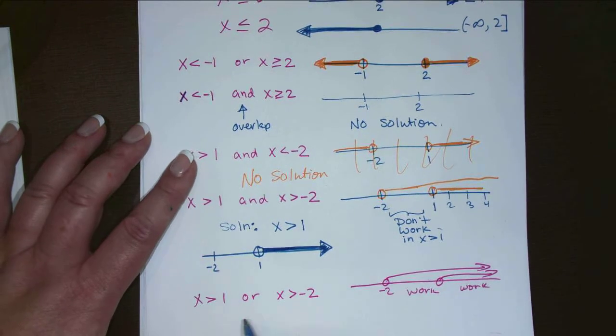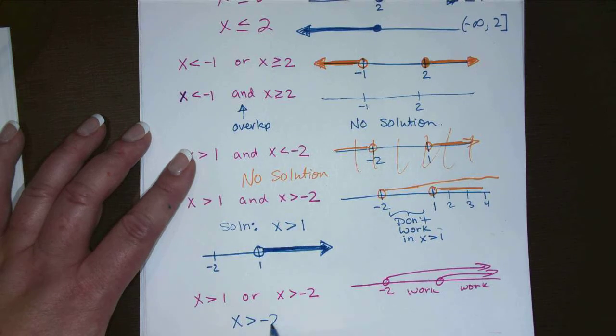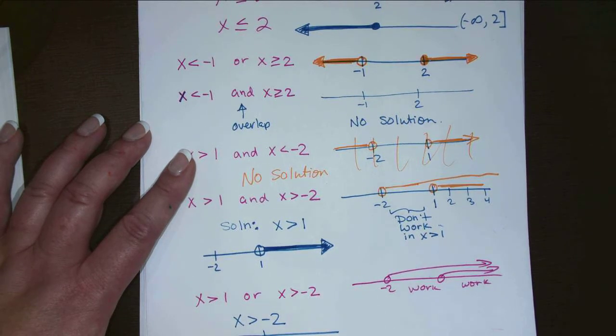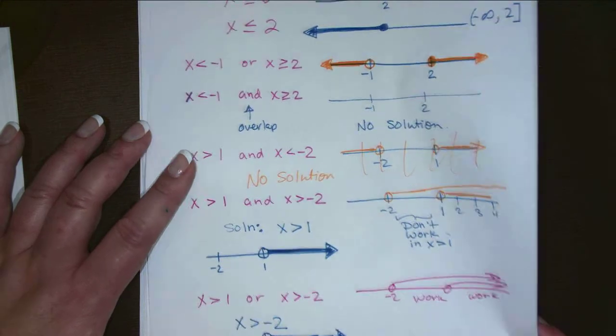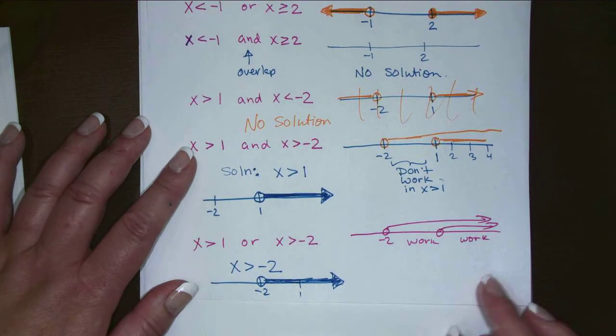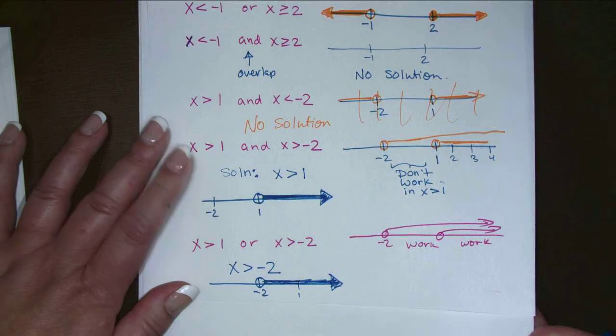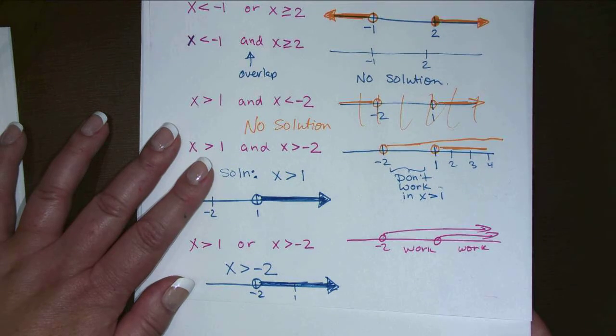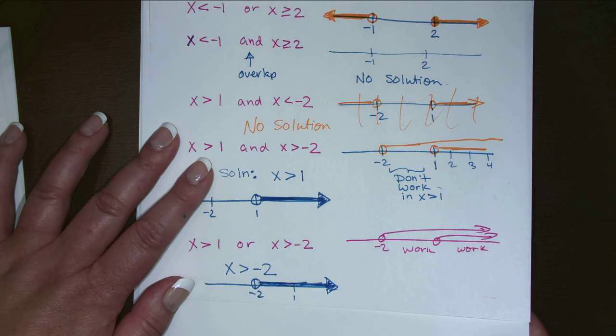So our answer here would be greater than negative 2. And you could put the 1 in if you wanted to, but it really has nothing to do with the question. So, with or, you don't care about the overlap. It's just where all of the numbers are all together. So you don't need to erase the number line.